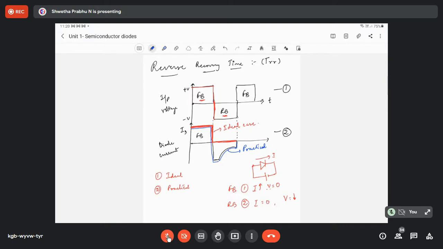Because of the large number of minority charge carriers on each side, it establishes a forward bias condition. So the diode current simply reverses when you switch the state from forward bias to reverse bias, and remains at this value for a certain period of time called storage time, represented by Ts.